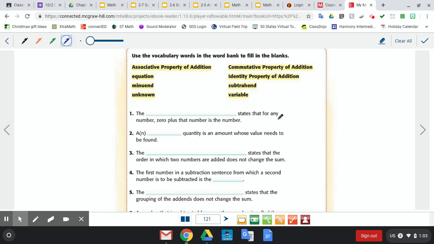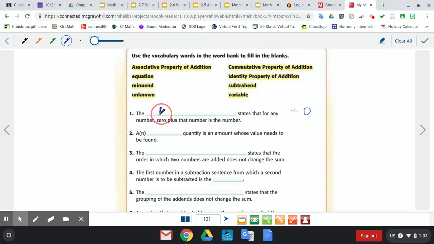The blank states that for any number, 0 plus that number is the number. Well, if I'm adding 0, that means I'm showing a number's identity.